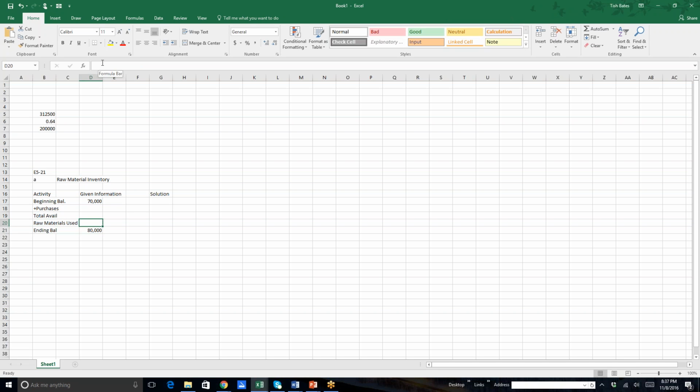We also know that the raw materials used is 400,000. Okay. So that means that in order for this to work out, and this is, remember, subtracting out the raw materials used.